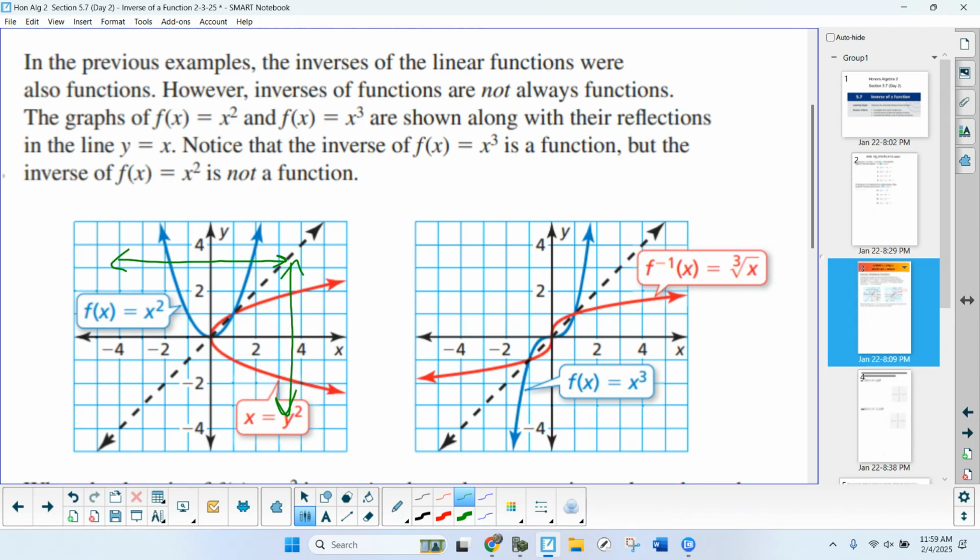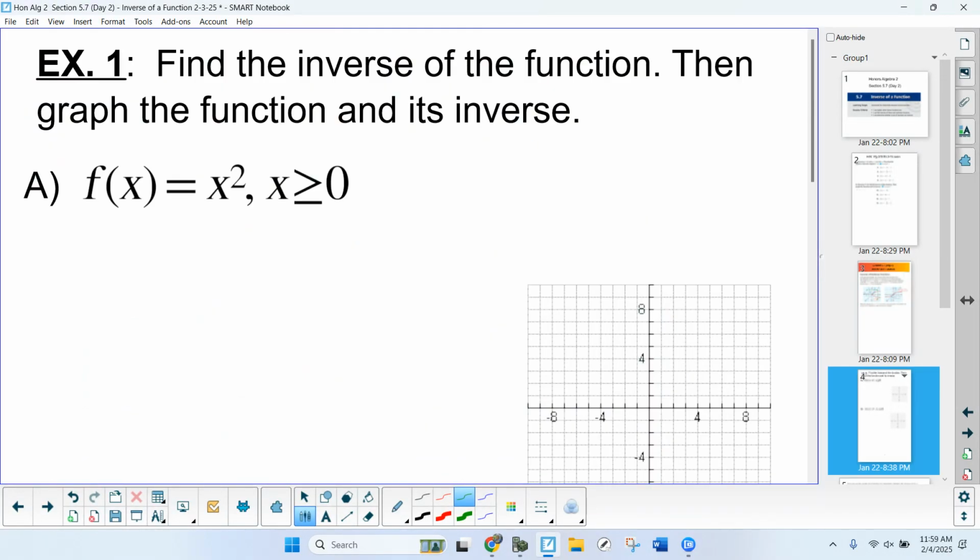Okay? So if you're looking at the original graph, does it pass the horizontal line test? No, that means the inverse will not pass the vertical line test. And that's kind of what we talked about here. So we did restrict some domains in order to make it a function.